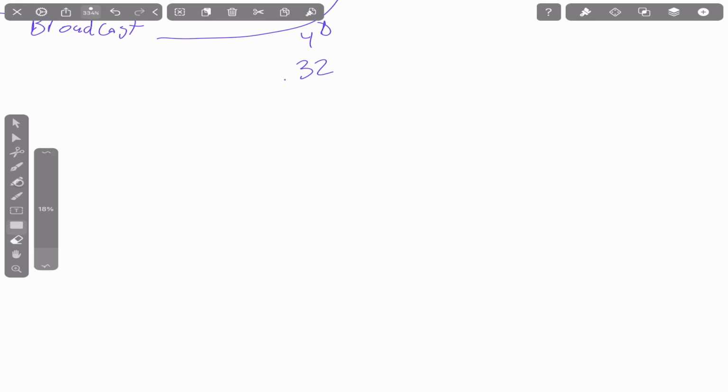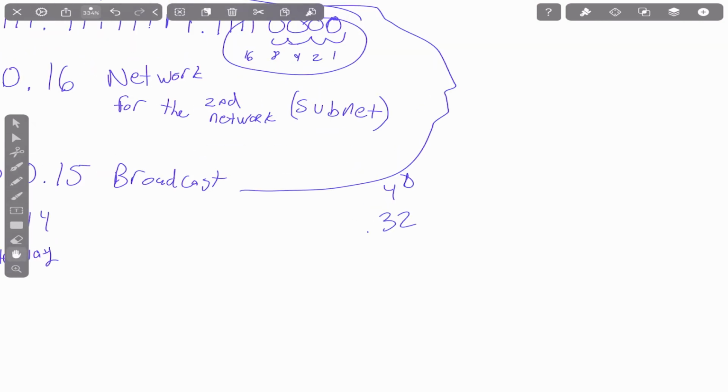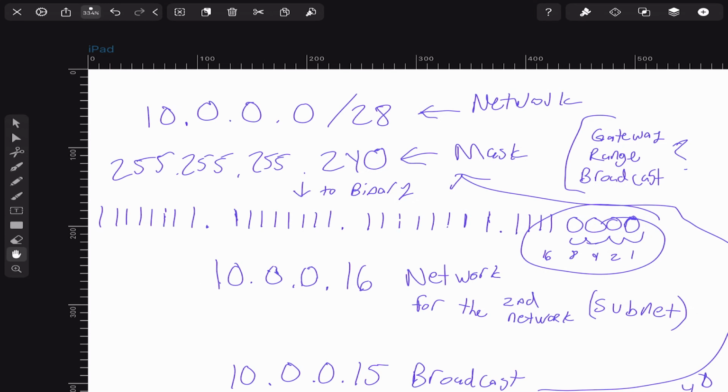So let's just recap to make sure we have all the stuff we have. Variable length subnetting is very much like fixed length subnetting. The only difference is that we already have our first network already defined. We already have this 10.0.0.0/28.